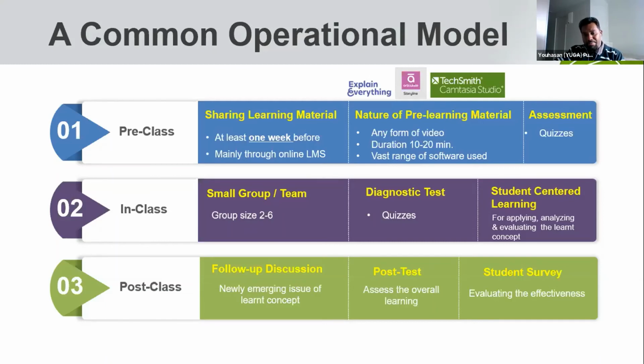Some studies reported that the teacher conducted a post-test as well to assess the overall learning experience, and some studies reported they conducted a student survey for evaluating the effectiveness of the flipped classroom.